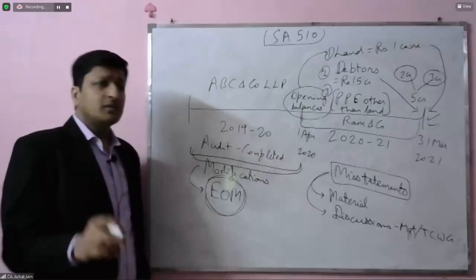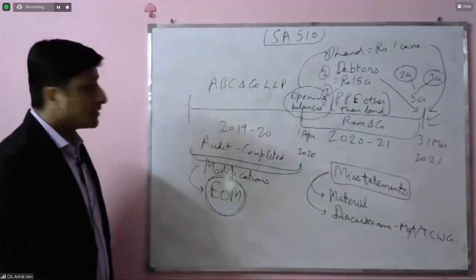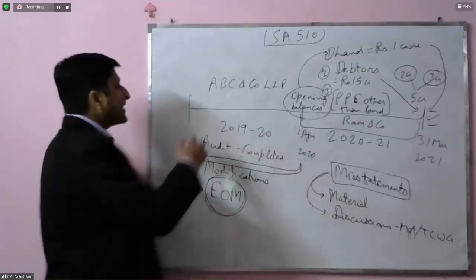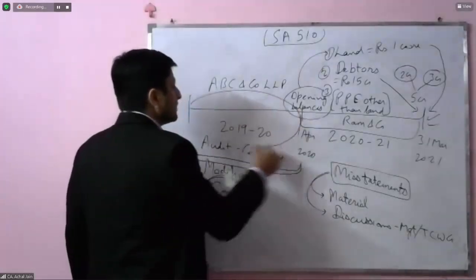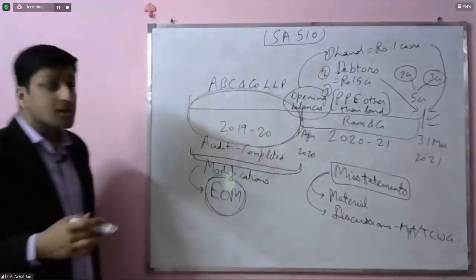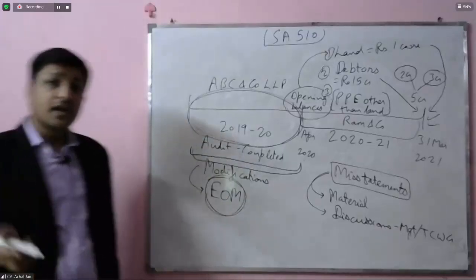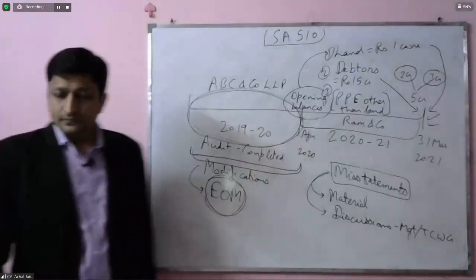even though it's the current financial year for which the new auditor is appointed, still the comparatives, the numbers of the financial year 1920, would be the comparatives.